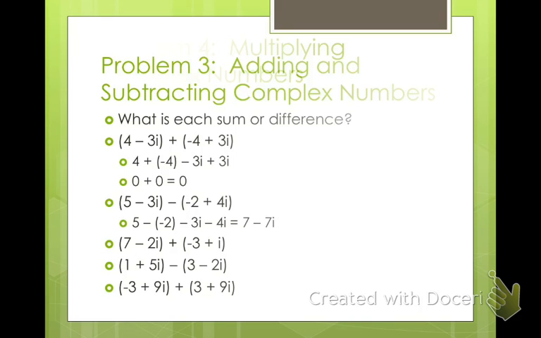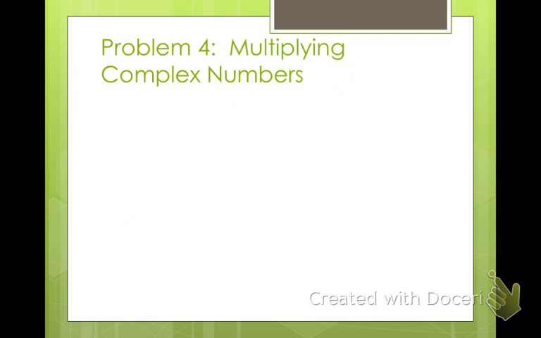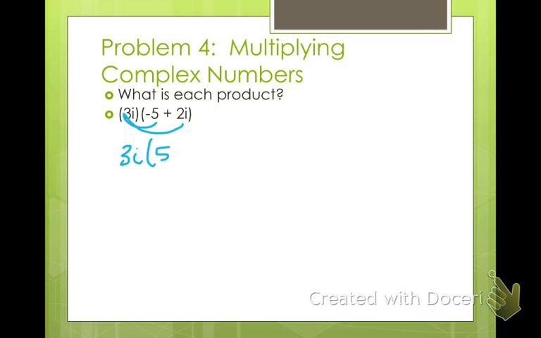Now we're going to multiply complex numbers. So we're going to take it one step further instead of just adding and subtracting, because we know we can multiply any numbers. So we're going to multiply 3i times the quantity negative 5 plus 2i. So first I'm going to do 3i times -5 plus 3i times 2i. 3 times 5 is 15i.